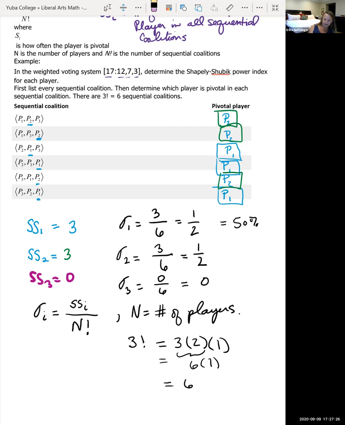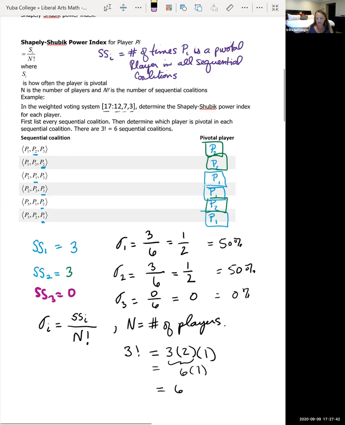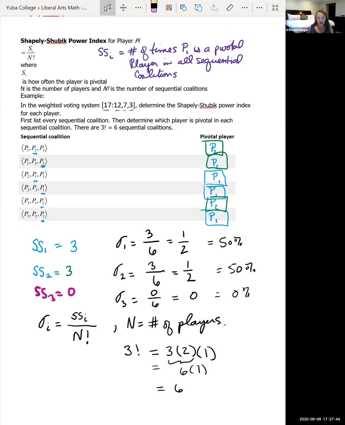So player 1 has 50% of the power, player 2 has 50%, and player 3 has 0% of power according to the Shapley-Shubik index. So technically, no power, can't change anything. We call player 3 a dummy. They might feel important because they have 3 votes, but really they don't matter whatsoever.